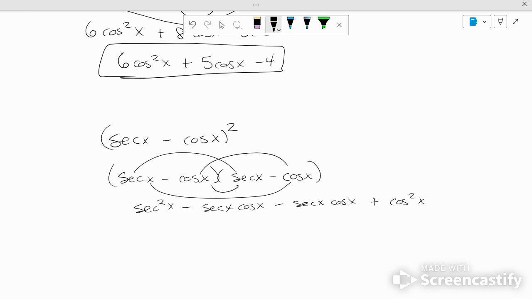Okay, at this point, I'm going to change my secants into cosines. So I have 1 over cosine squared of x minus 1 over cosine of x minus 1 over cosine of x plus cosine squared of x.